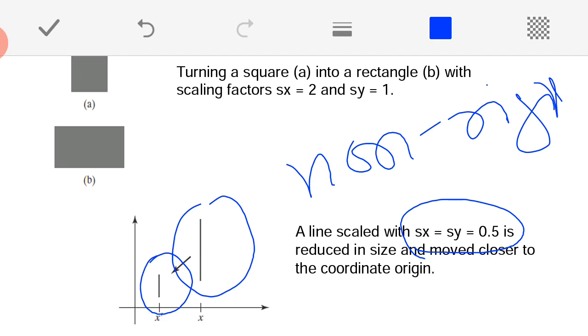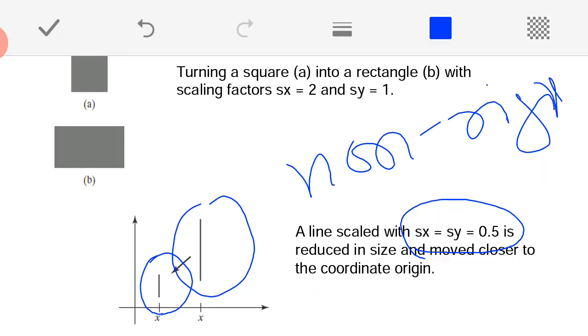Translation and rotations are rigid body transformations. There the size of the object does not change, it remains the same. In translation the object is moved, in rotation the object is rotated, but in scaling the size of the object is changed, and also sometimes depending on the Sx and Sy values, the shape of the object is also changed. That is why it is called a non-rigid body transformation.